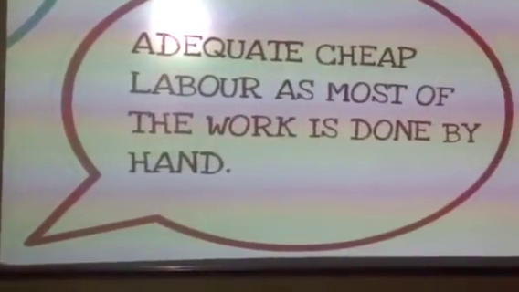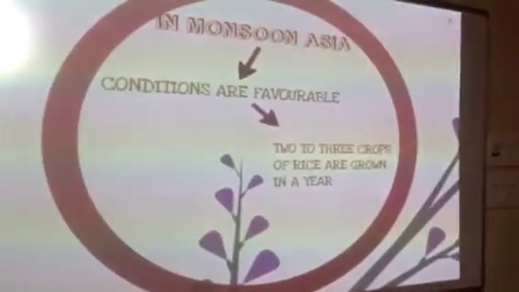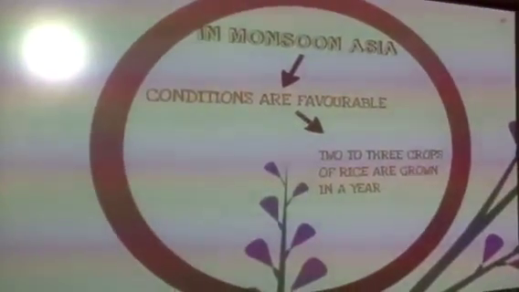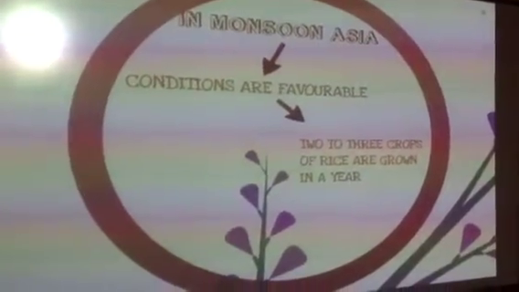It needs adequate cheap labor as most of the work is done by hand. In monsoon areas, especially, these crops are grown as the conditions are favorable, and two to three crops are grown in 1 year.